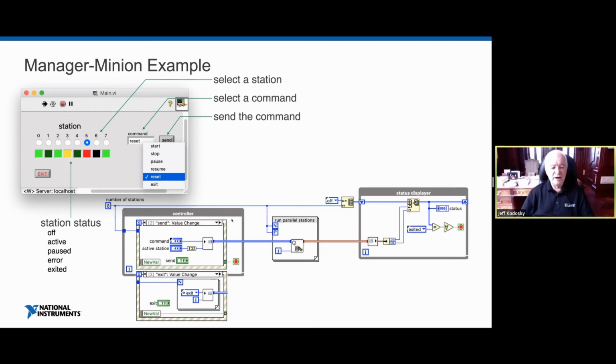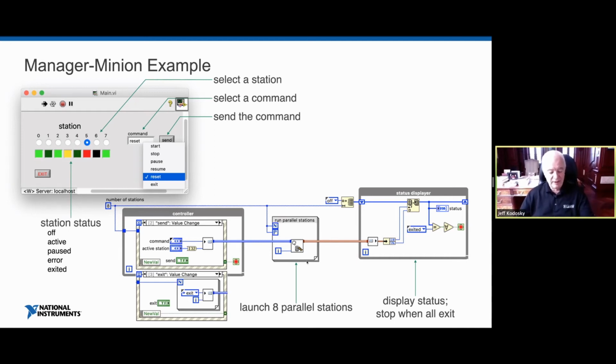Well, the diagram has the usual familiar UI event loop, event structure, and an event loop here, and then a status display over here, back on the host. And then these parallel stations. And here I'm running 8 stations in parallel.